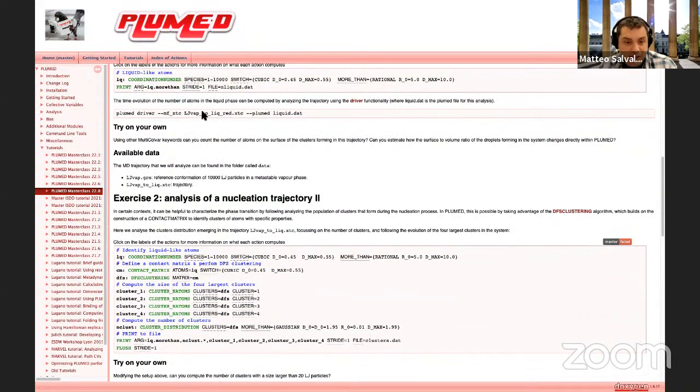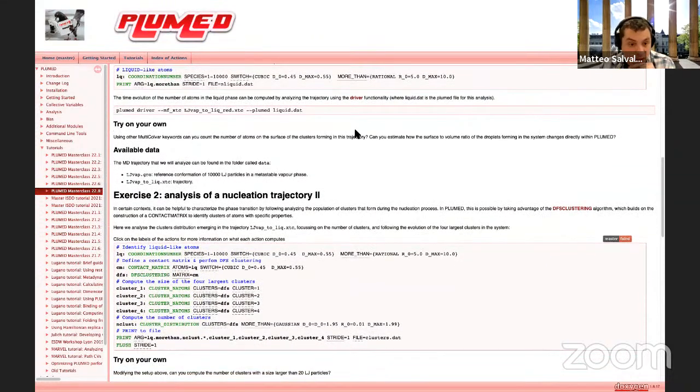For every one of the exercises, there is some suggested activity that you can do essentially based on what has been made available, following the suggestions of this first example.